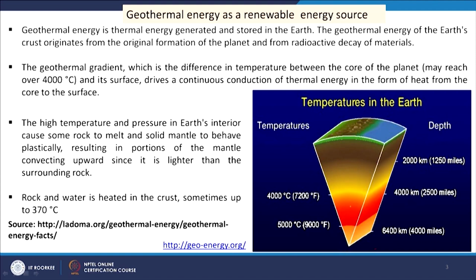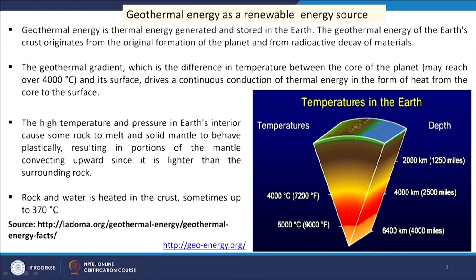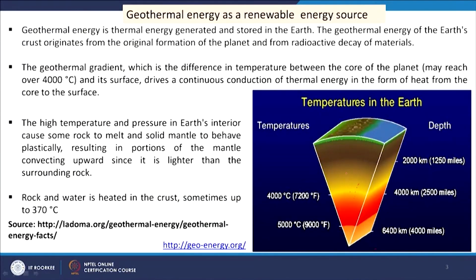It is believed that at the core the material is in liquid form, that is called magma, and some rock is also in molten form that can convect the heat. Through convection it can go up, and then that also heats the adjacent rock layers at the upper side.